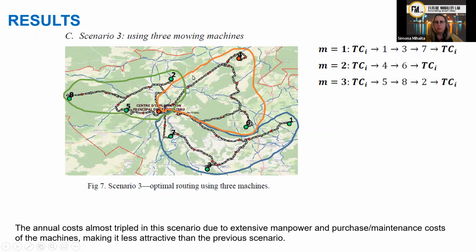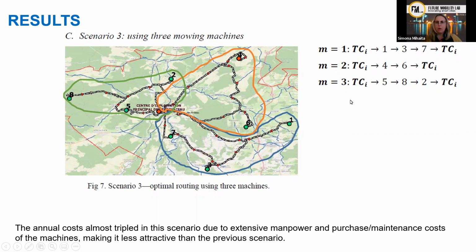In that case, the cluster results would go like technical center, going to cluster 1, going to cluster 3, 7, and back. And the second machine would do technical center, 4, 6, and back. And the third machine would do technical center, 5, 8, 2, and back. So these would be the areas that would need to be delivered by 3 machines working in parallel.